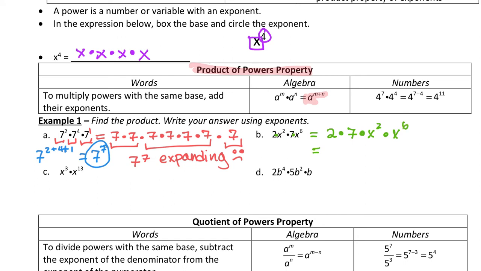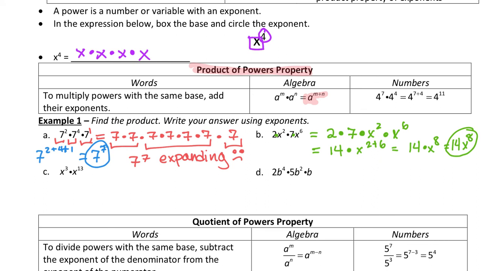If I do 2 times 7, I've got 14. And then that's going to be times x raised to 2 plus 6. So my final answer is 14 times x to the 8th. I can also get rid of that multiplication symbol.